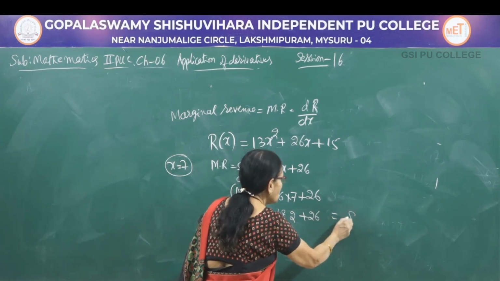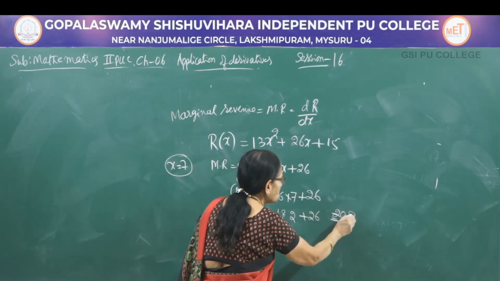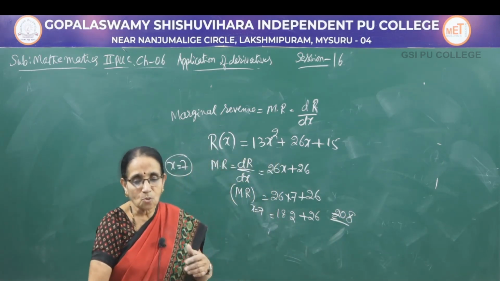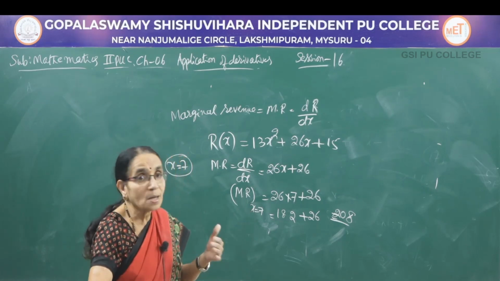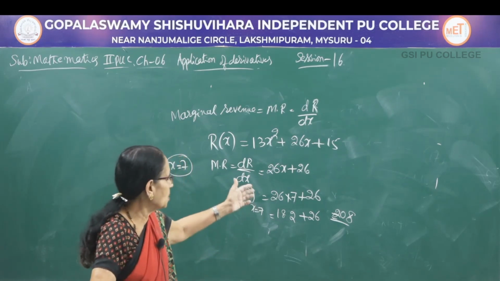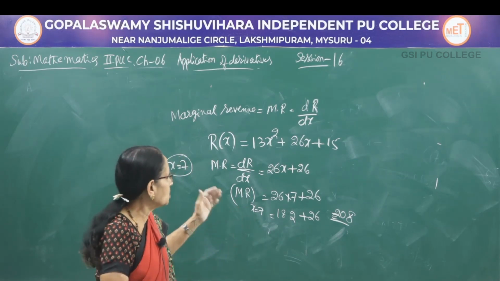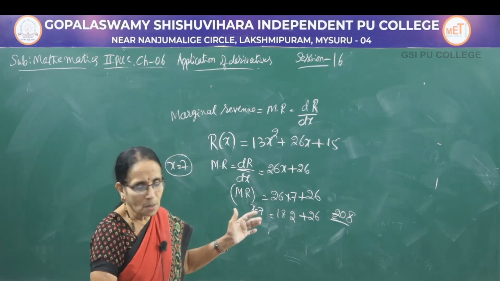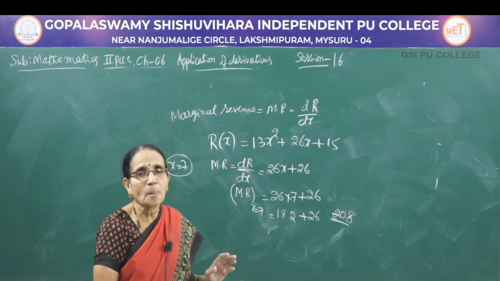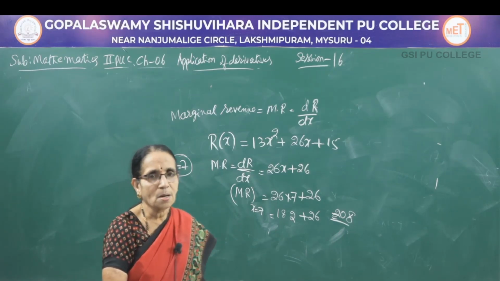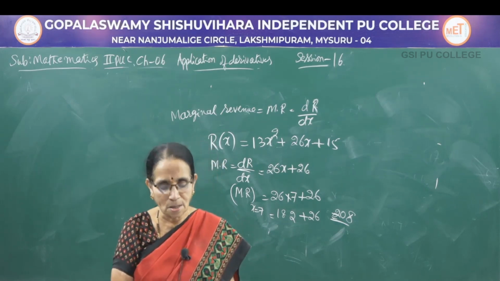When you add them, it becomes 208. Of course, it is in rupees, since they have given that the revenue function is in rupees. So when you know the value of x here, it becomes 208. How do you write this? The marginal revenue is equal to rupees 208.